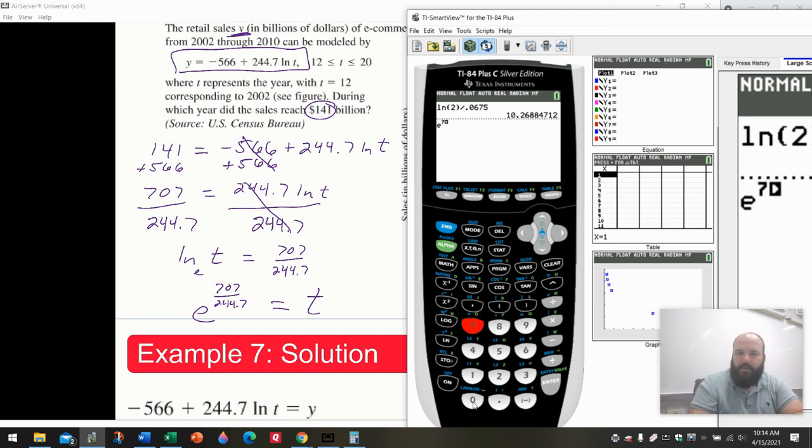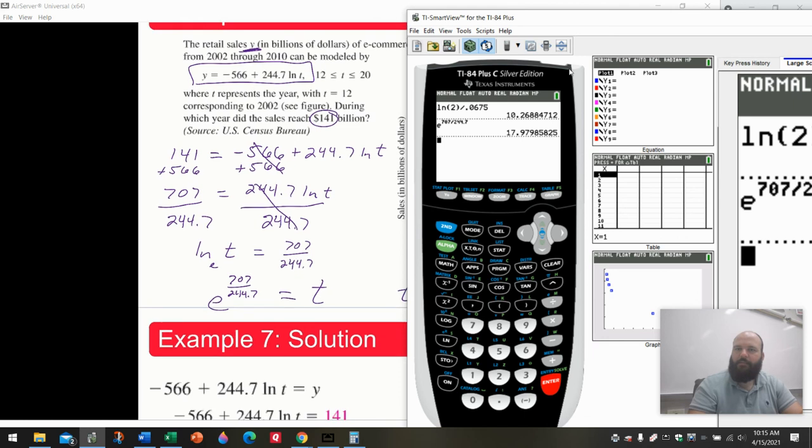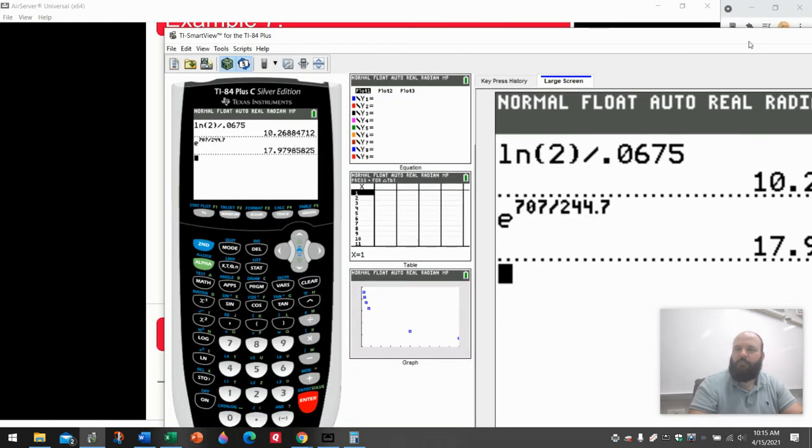And then we'll type 707 divided by 244.7 and hit enter. And when we do that, you can see that it's 17.97. Now I'm going to just round that to 18. So t is about 18. So what does that mean within the context of our problem?